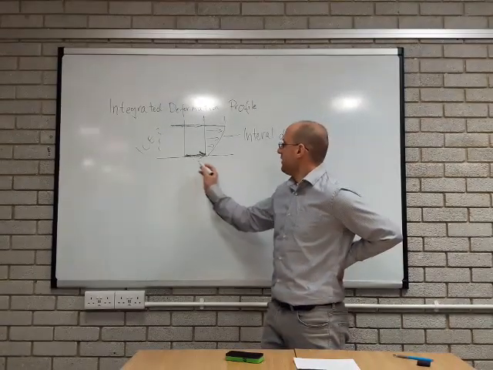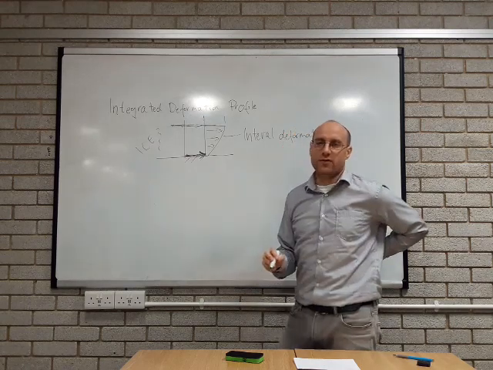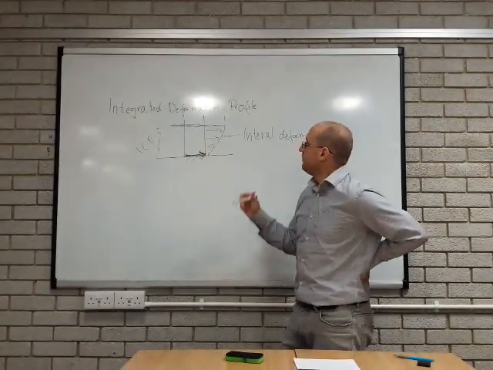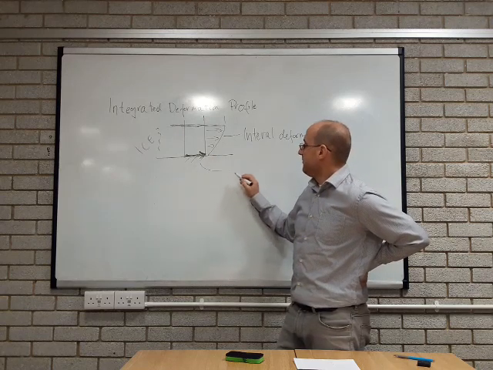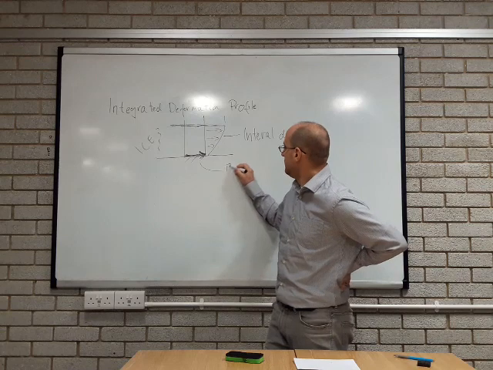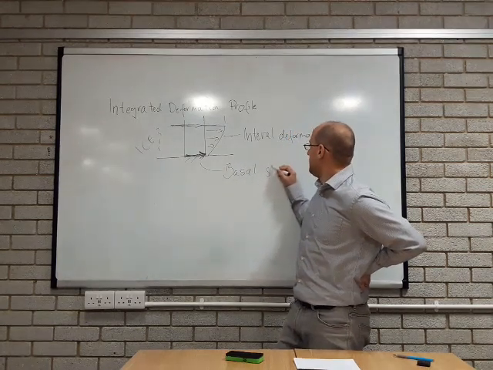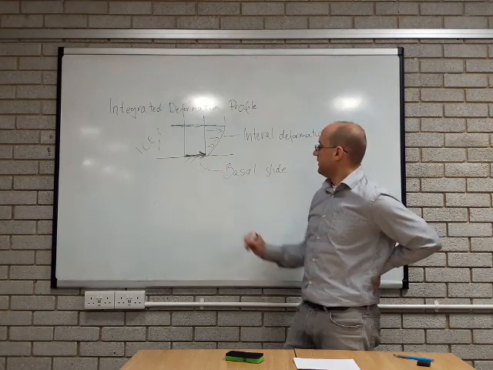We might say when it's a hard, solid rock surface, then there's a higher chance that the ice will be sliding faster. So this is basal slide over there.